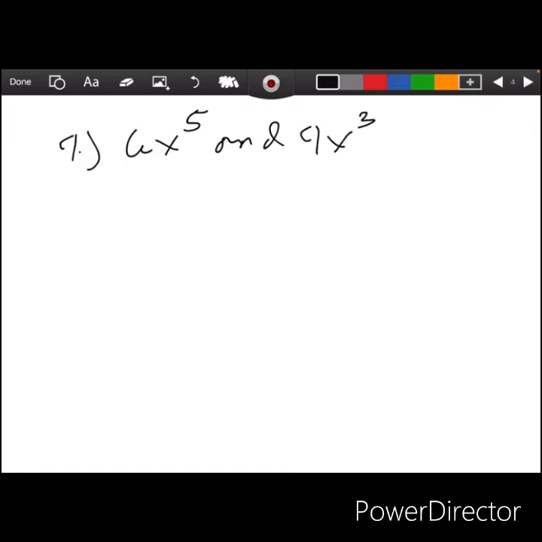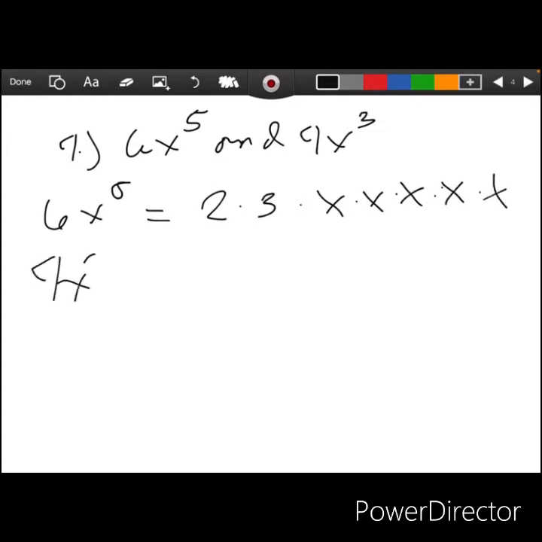Next, example number 4, we have 6x raised to the 5th. Factor first. Get the factors of 6x raised to the 5th. We have 2 times 3 times x times x times x times x times x. And 4x cubed is equal to 2 times 2 times x times x times x. Okay?